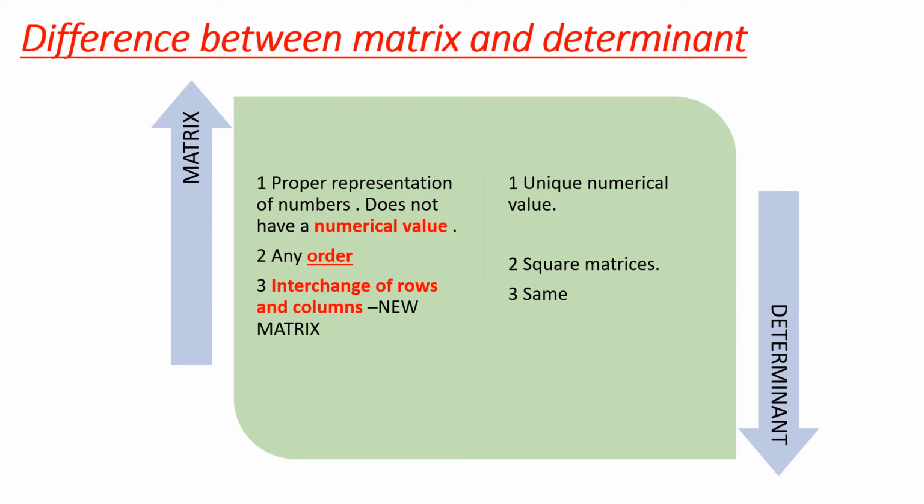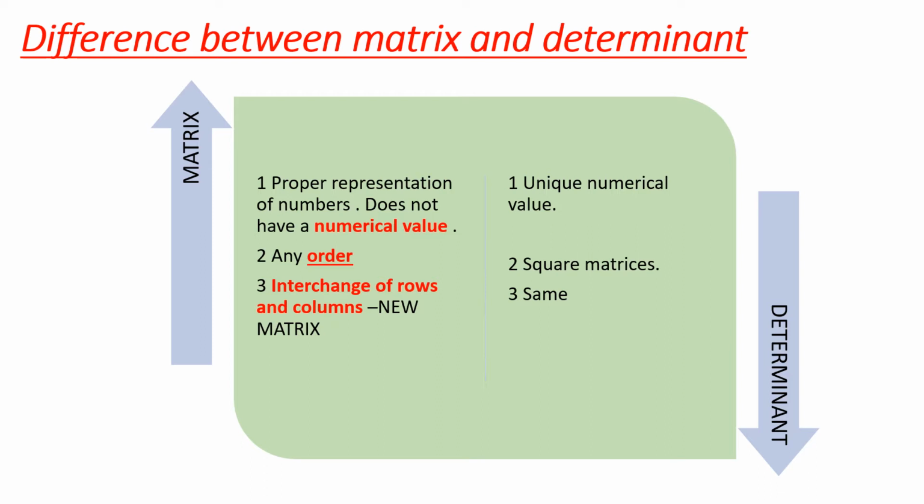Firstly, let us understand the difference between the matrix and the determinant. For a matrix, we have a proper representation of numbers, but a determinant has one unique numerical value, which is not so in the case of matrices.